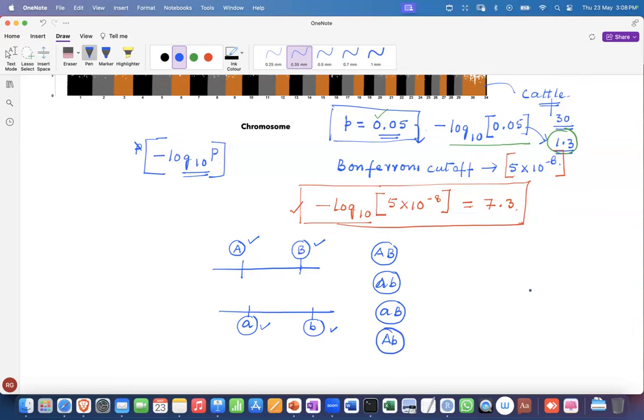These are the gametes you expect. These two are said to be parental gametes, and these two are said to be recombinant types.